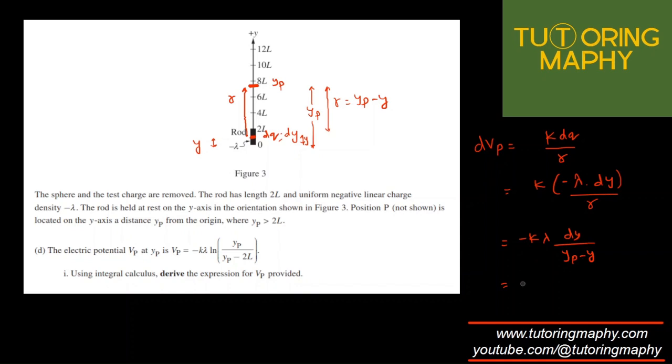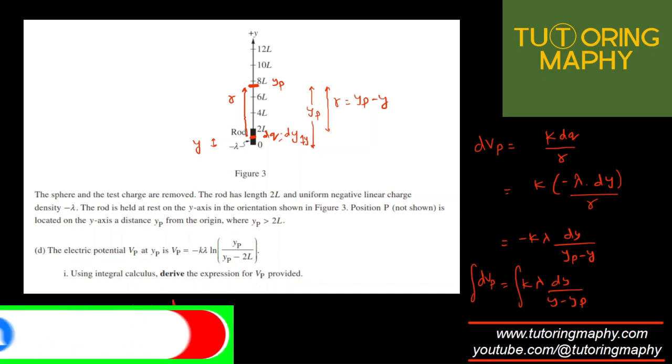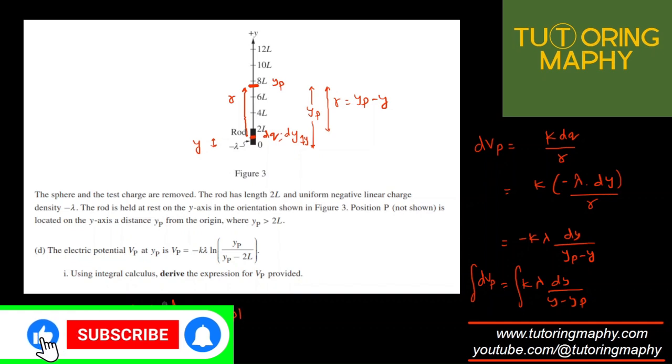Let's multiply this negative sign into this one. In other words, let's take the negative outside from here. So the negative will be gone and this will swap the sign, and now we can just integrate on both sides. The left side will just be Vp. k lambda as a constant comes out. The integral of dy over y minus yp is the natural log of the absolute value of y minus yp, having the bounds from, what are the bounds of y?